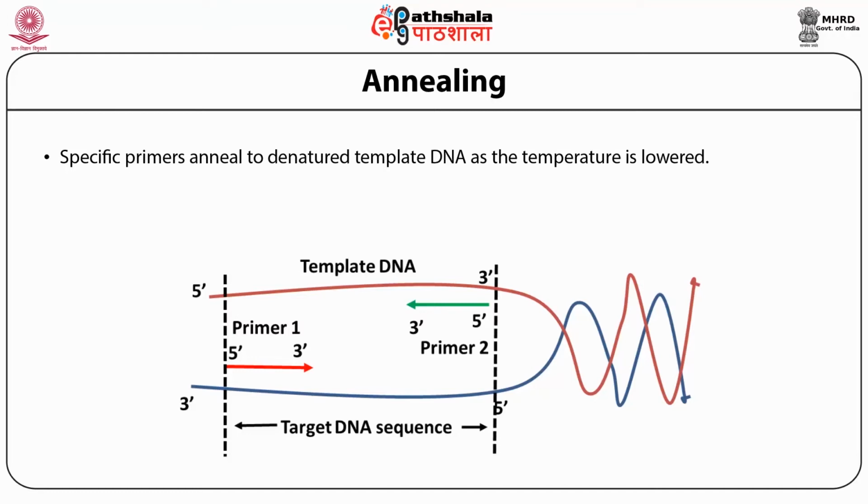The temperature selected for this step must be low enough to allow for hybridization of the primer to the strand, but high enough to let the binding be sequence specific between template and primer.